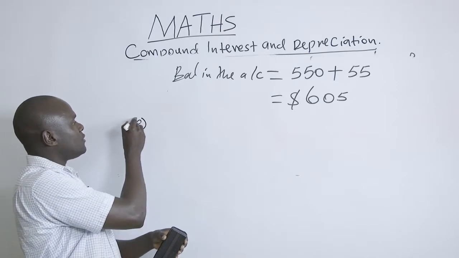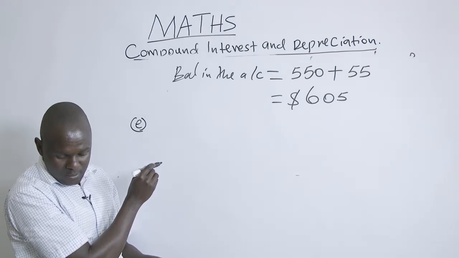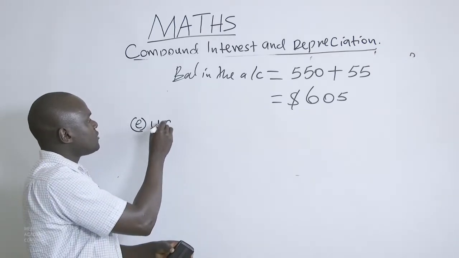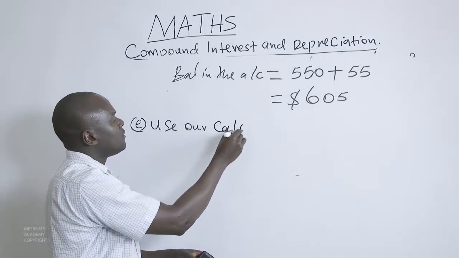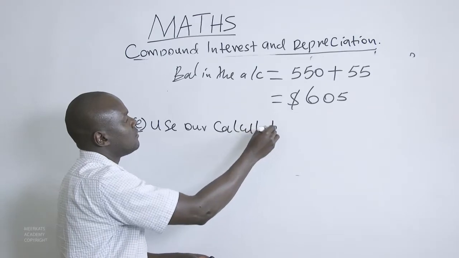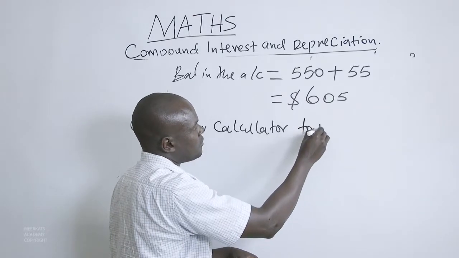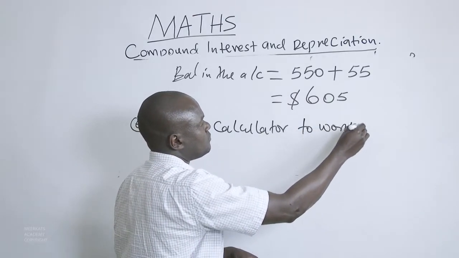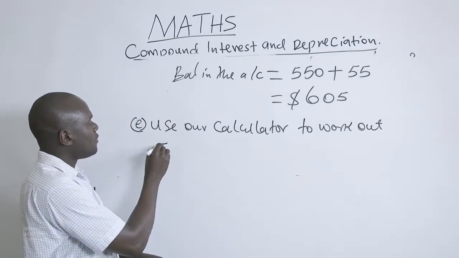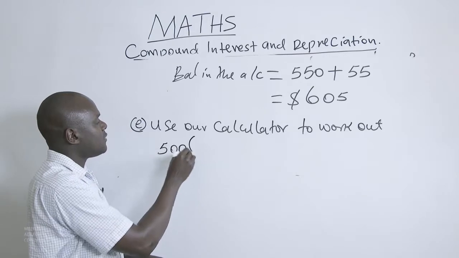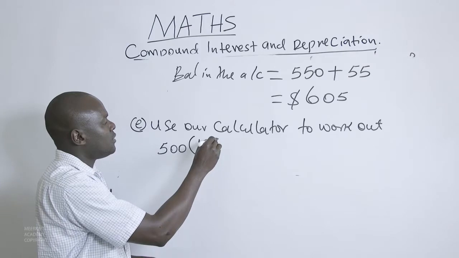The last bit of this question is, we are asked to use our calculator to work out $500 multiplied by 1.1 raised to power 2.